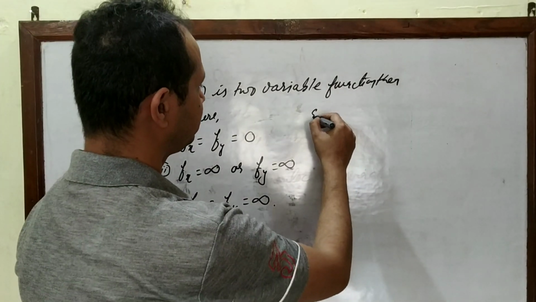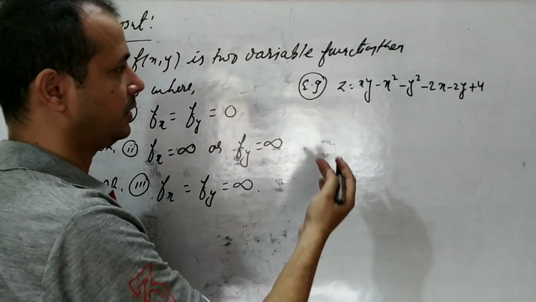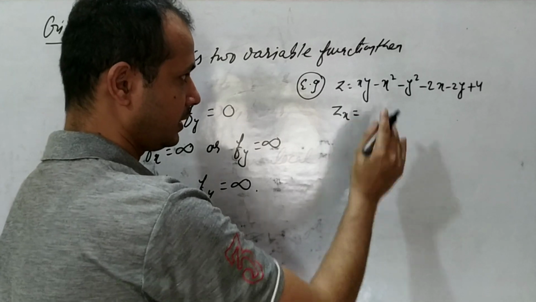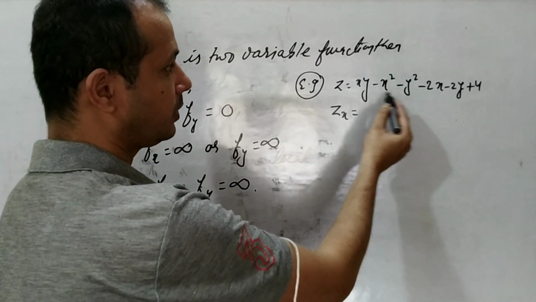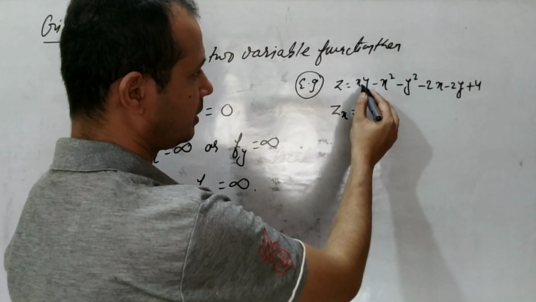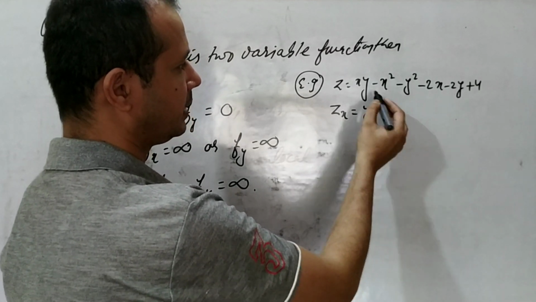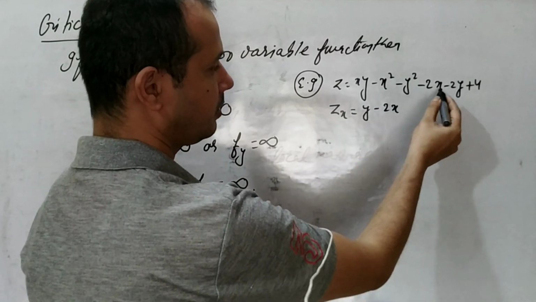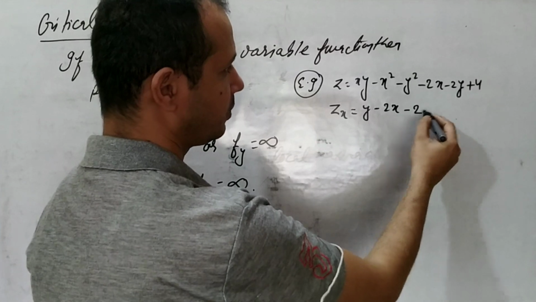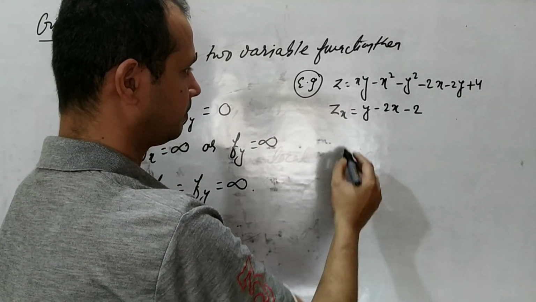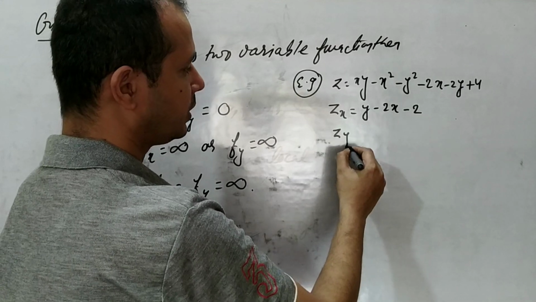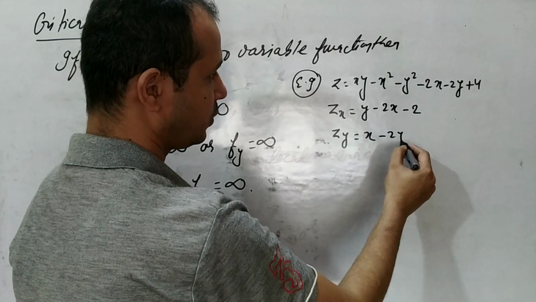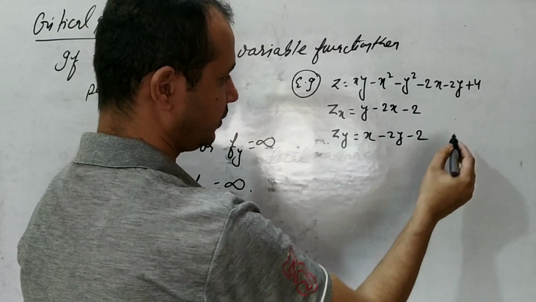Let us take an example and find its critical point. First of all, we find the partial derivative with respect to x. With respect to x, y will be constant here. So the derivative with respect to x gives y, and here 2x, this will be 0, and this will be minus 2, 0 and 0. Partial derivative with respect to y gives x, this is 0, minus 2y, 0, 0, minus 2.